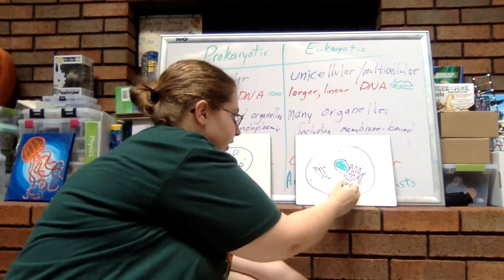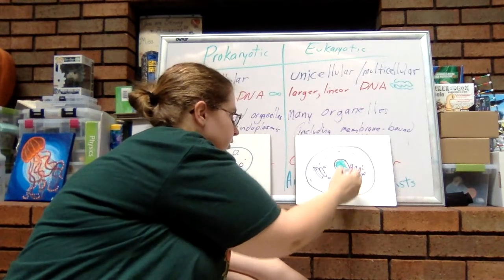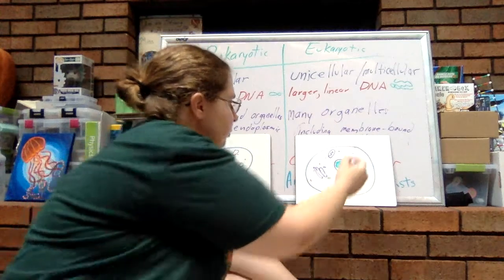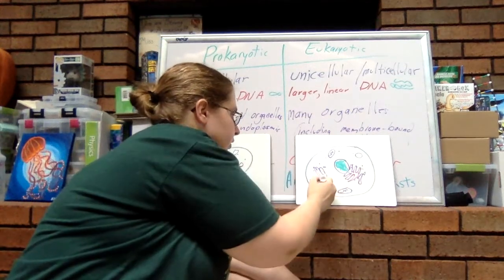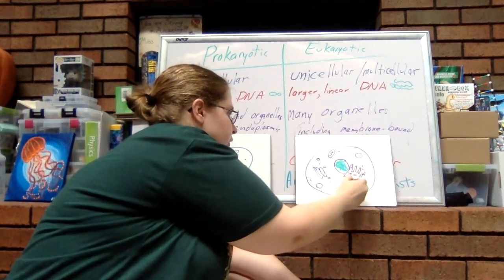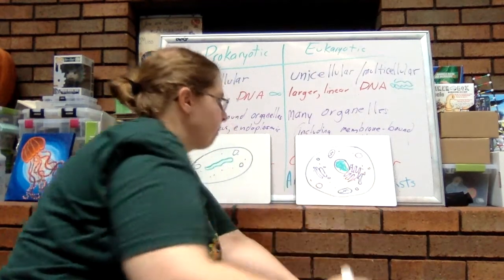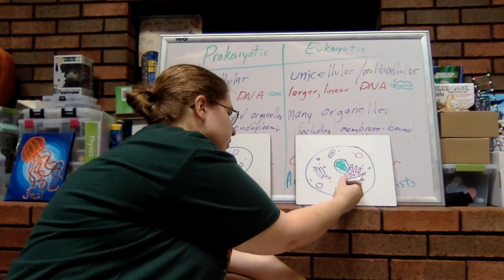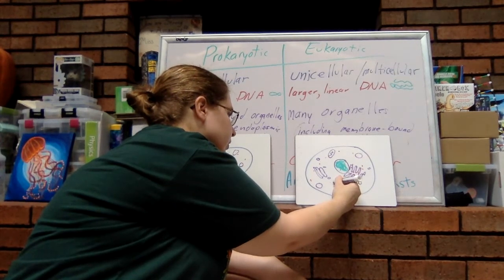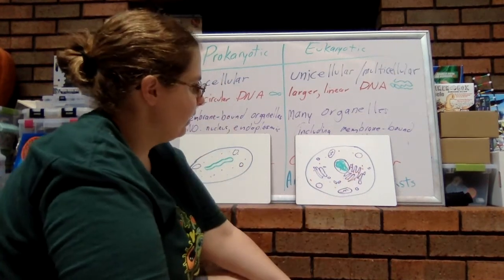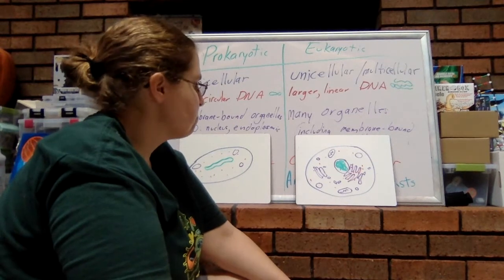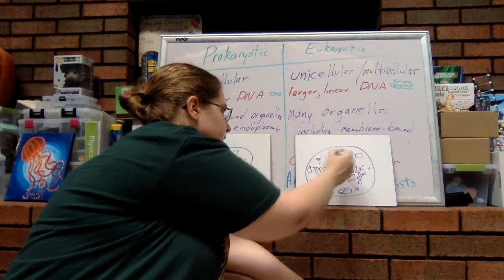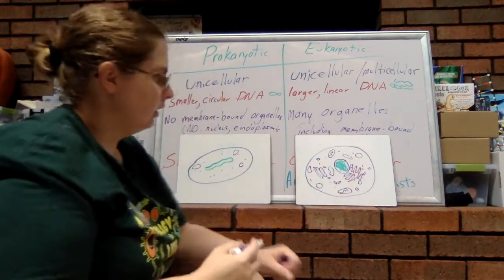We're going to have some mitochondria. Let's see, some peroxisomes, some lysosomes. I'm going to have some centrioles. We're going to have vacuoles.